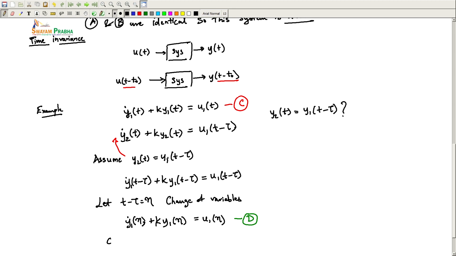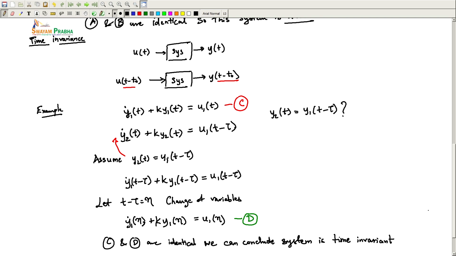So, since they are identical, we can conclude the system is time invariant.